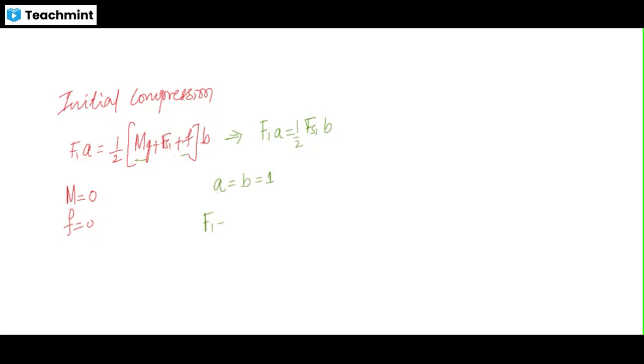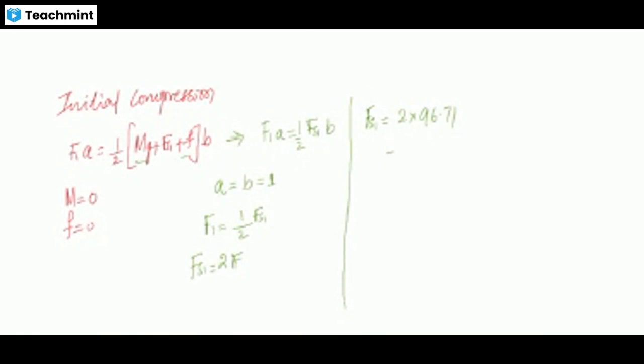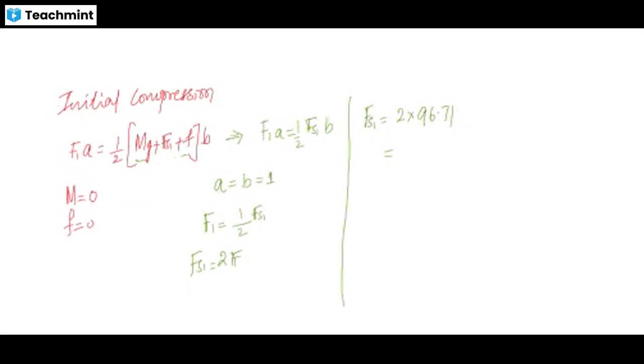Then F1 equal to 1 by 2 into Fs1, so Fs1 equal to 2 times F1. F1 we already calculated as 96.71, so Fs1 is 193.42.